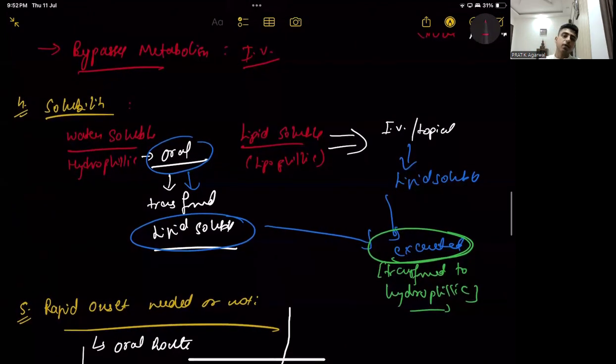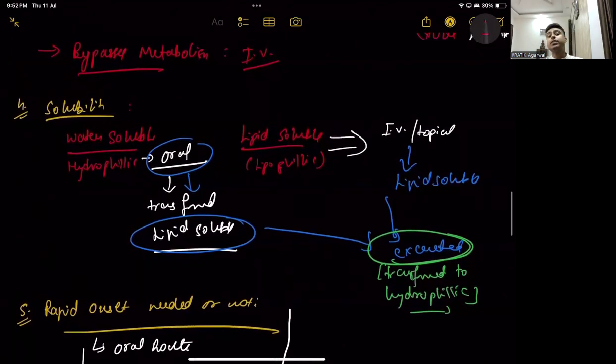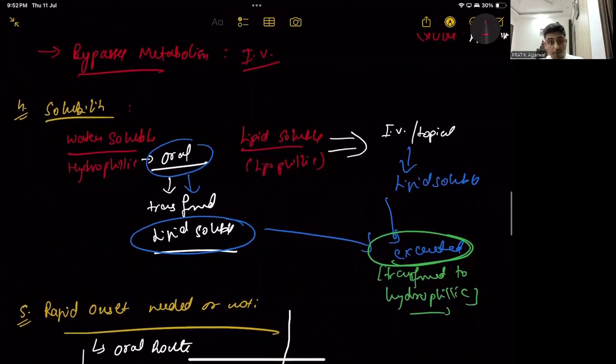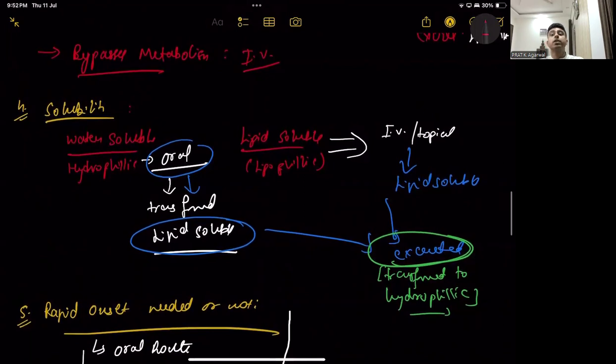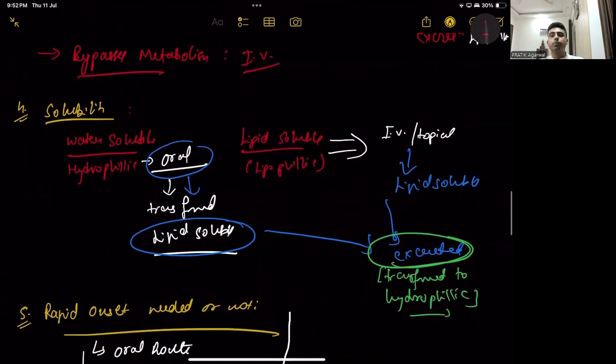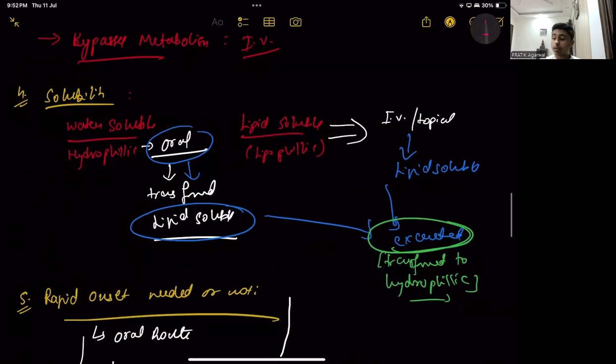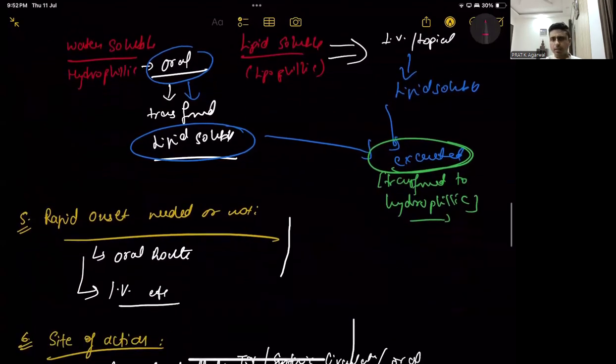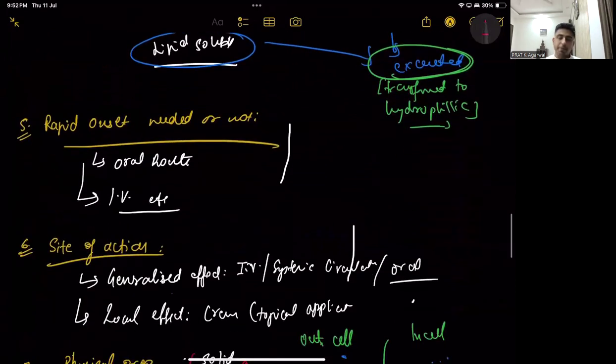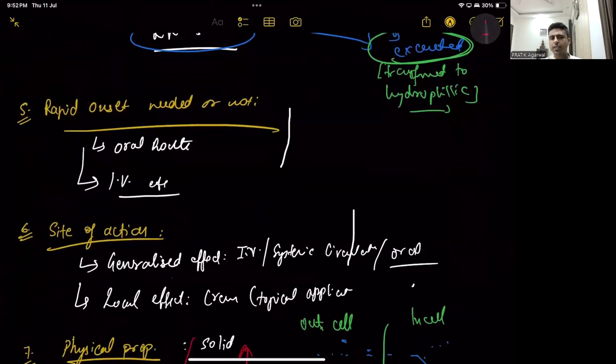But if a hydrophilic or water soluble drug is there, then it first needs to be transformed into a lipid soluble form, which can only be done in the liver, which can only happen if the drug is distributed to the liver, which can only happen if it's absorbed in a proper form from the gastrointestinal tract. And at the end, the drug needs to be excreted, so again it needs to be converted into a hydrophilic state. Rapid onset of action: if fast action is needed, IV, because it is not such a long route.